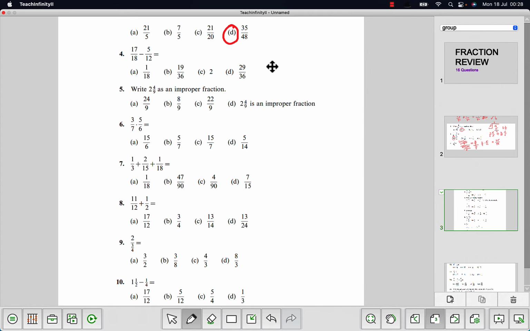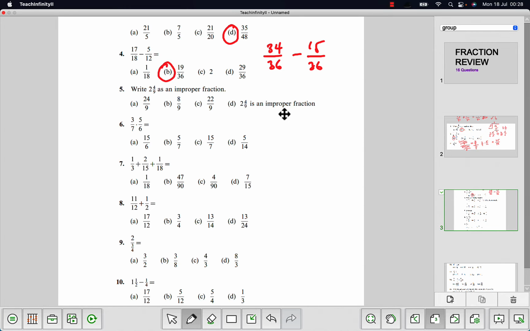By multiplying this by 2, that will give you 34 over 36, minus, this will be 3, so that will be 15 over 36. Now when you subtract 15 from 34, that should give you 19. So 19 over 36 here.